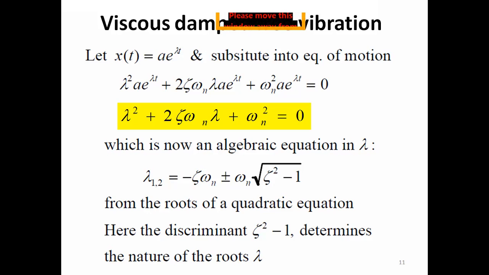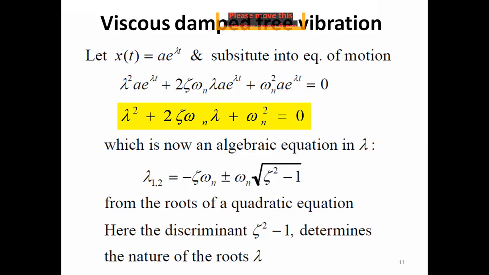So using the quadratic formula, we would have two roots for this equation, lambda 1 and lambda 2, and it would be equal to minus zeta omega n plus minus omega n under the root zeta square minus 1. Here a is 1, this is b, and this is c. So using that quadratic formula, you could find the roots of the characteristic equation.